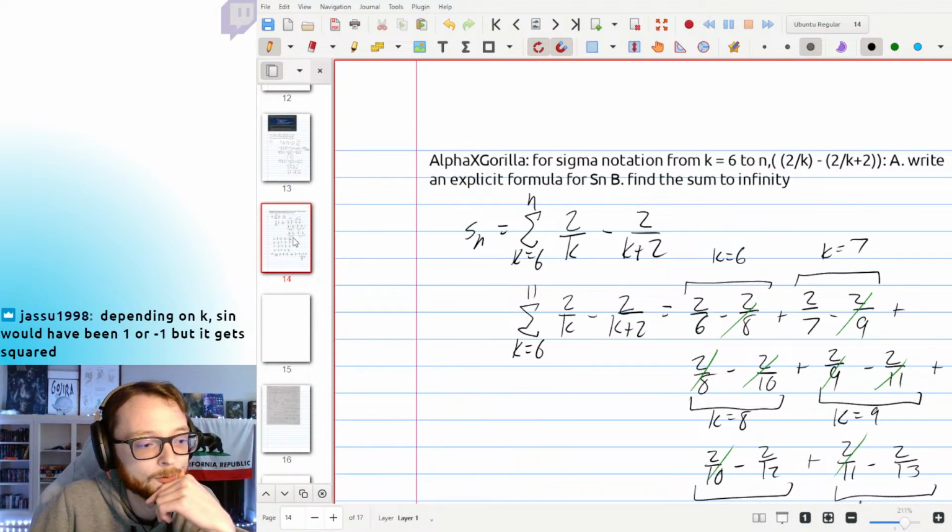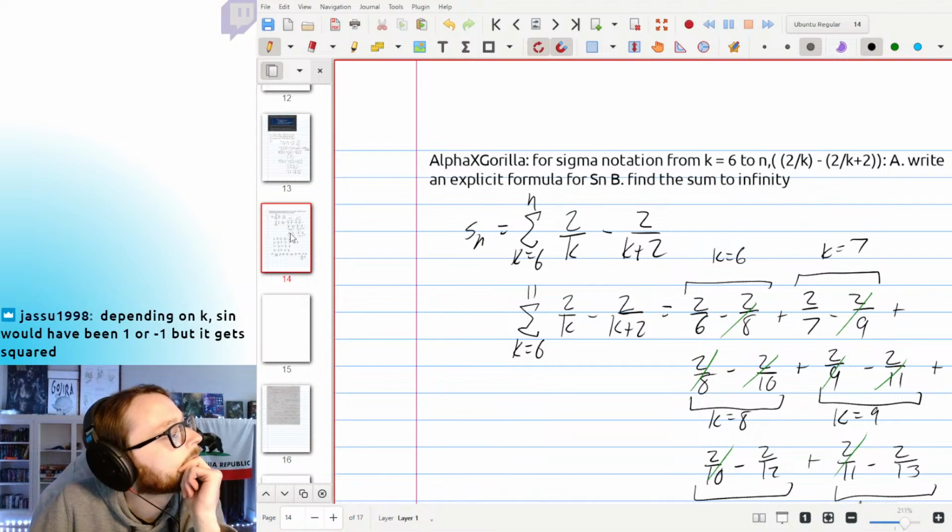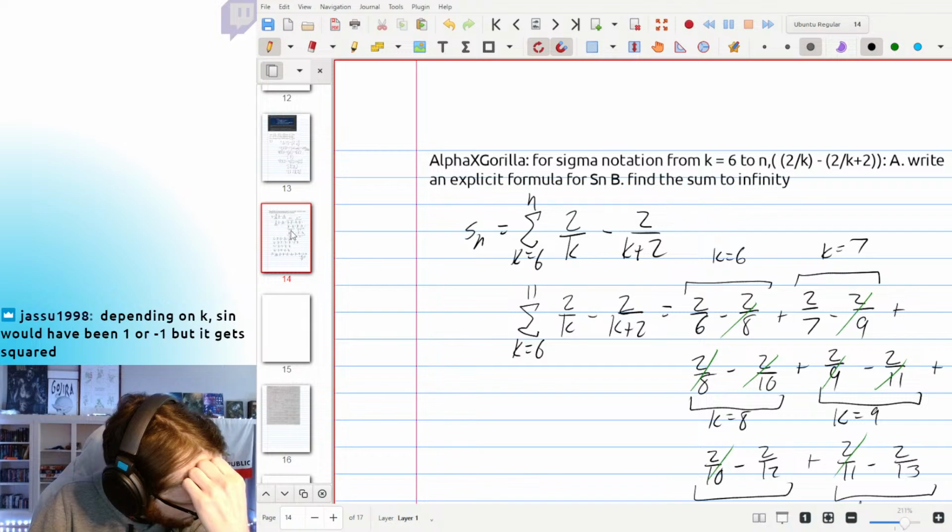I didn't consider it could be +1 as well, but wait, sine of any odd number times pi divided by 2, that's always -1, isn't it? Or am I crazy?